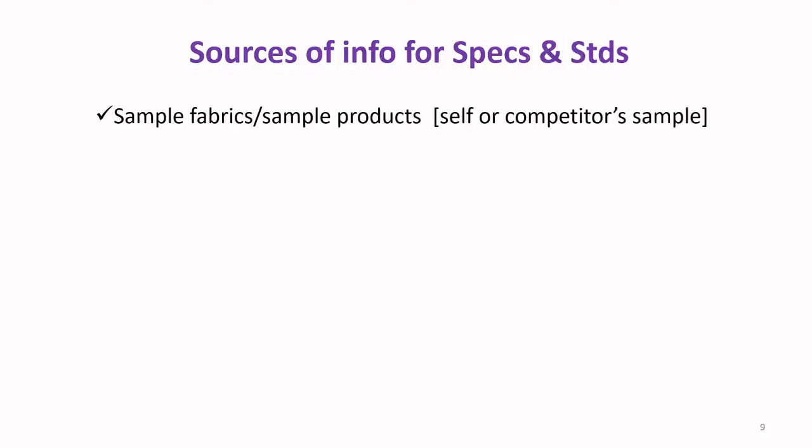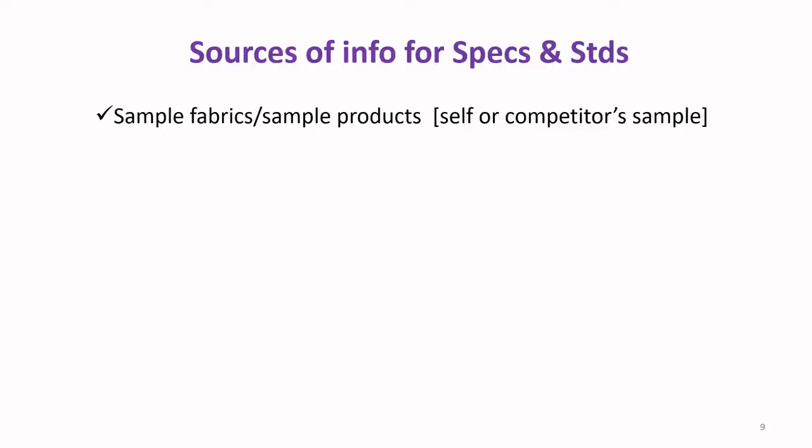Of course, the other sources of information, the sample fabrics. You buy sample fabrics. So whenever you buy, you can ask the person who's selling those fabrics to give you the specification. You buy a fabric, you want to ask them to please write down what is the count in construction, what is the fiber, is it 100% cotton or polyester, whatever. So wherever you buy the fabric from, they will give you the details.